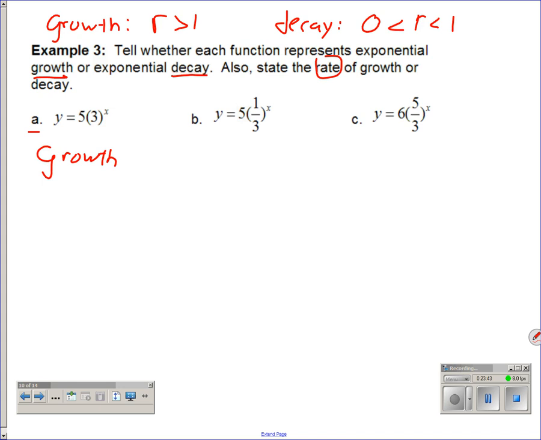If it's a fraction, then it's decay. So it's growth here because we're greater than 1. How do I figure out what my rate is? Good. Think about how we got that value. It was 1 plus our rate equals 3. So you subtract 1 and we get 2.